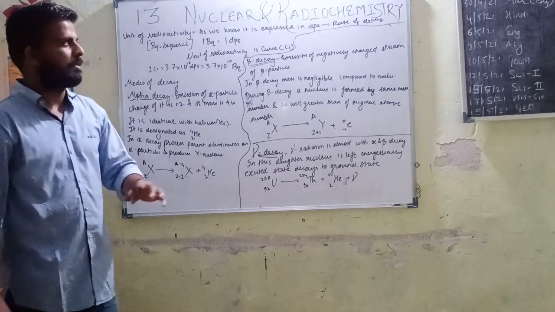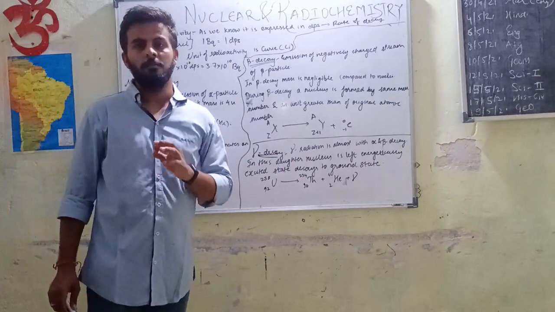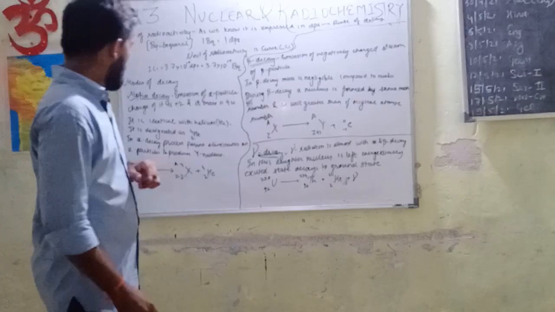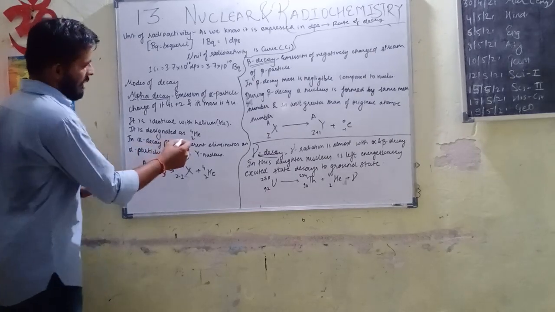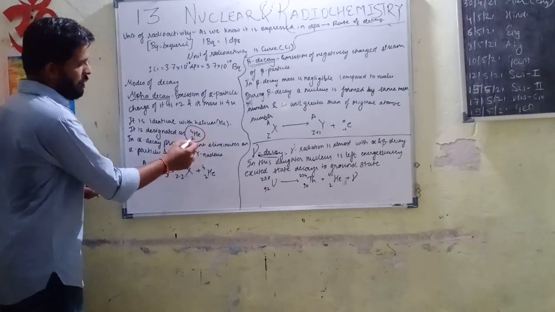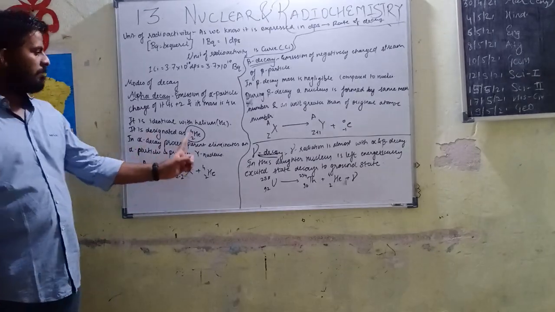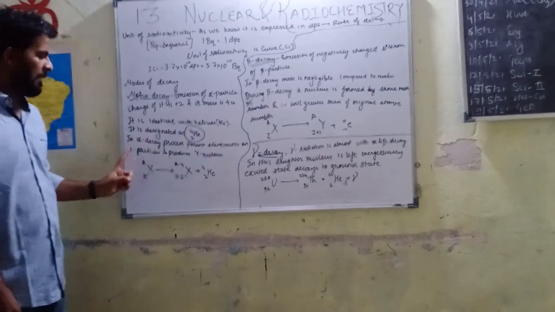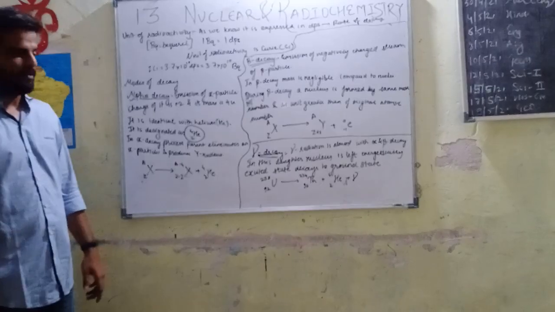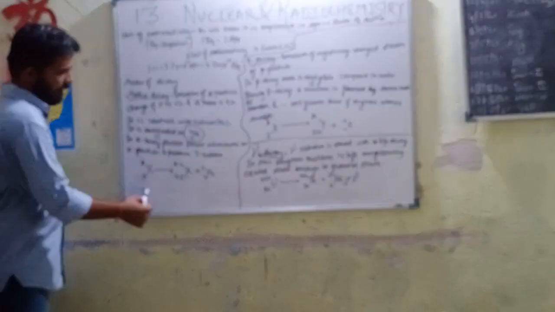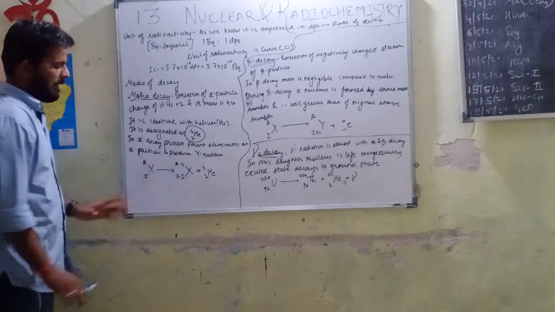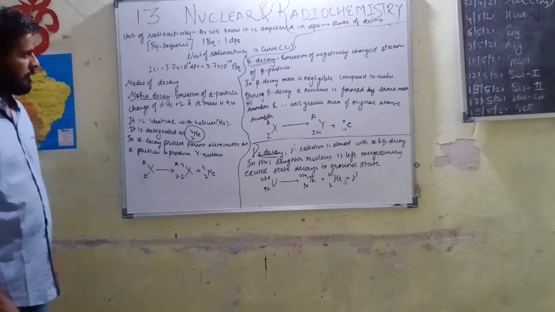It resembles helium, hence it is designated as He 4 2. What happens in the alpha decay process? The parent eliminates an alpha particle and produces the Y nucleus. This is the general reaction for the alpha decay process.